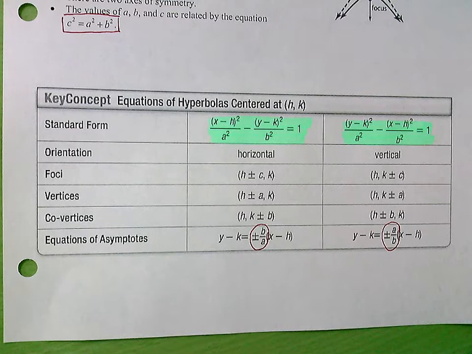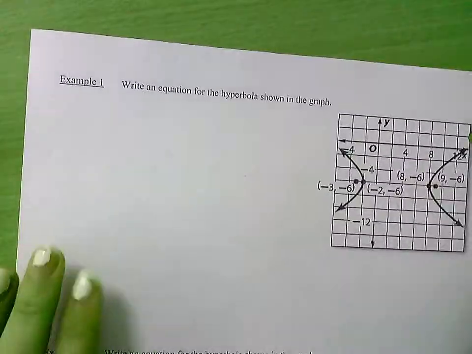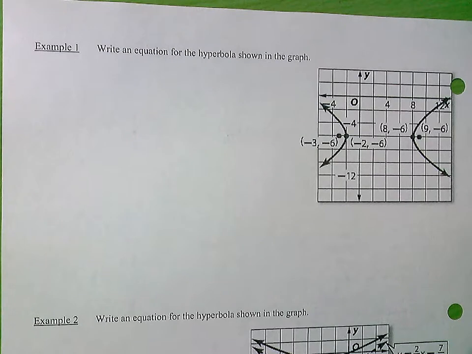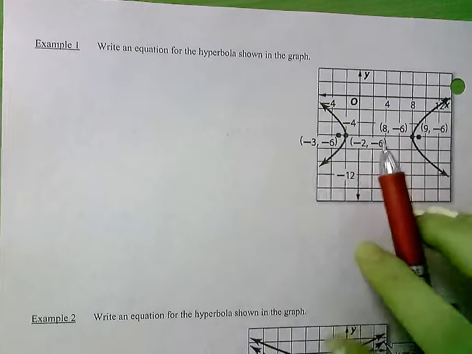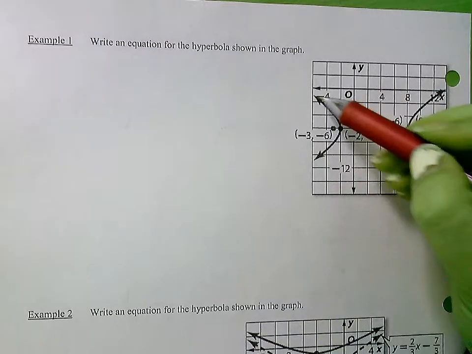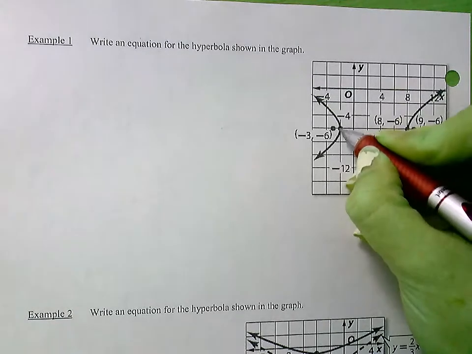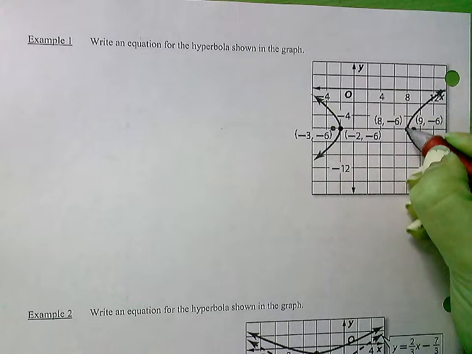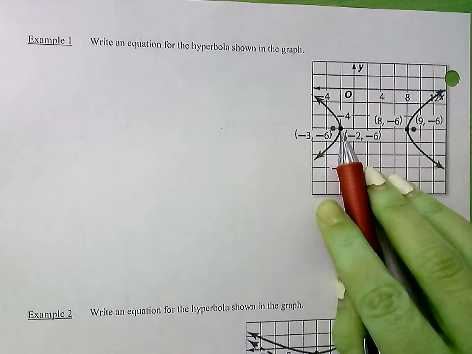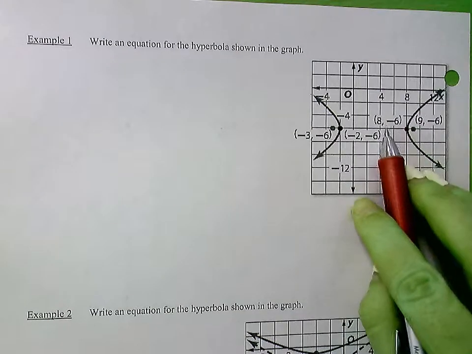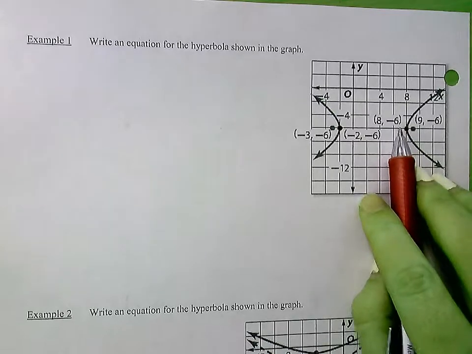So we are going to write the standard form of a hyperbola given a graph. That's what we're going to do today. So at the right here, this is our hyperbola. Our vertices are right here and right here. So our first vertex is at -2, -6, and that second one there is at 8, -6.